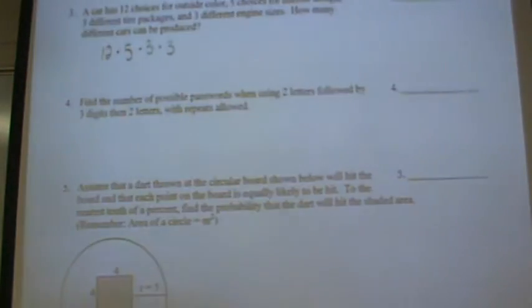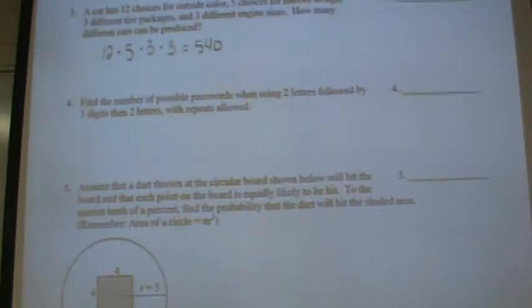So we're going to take our 12, multiply by the 5 interior choices, multiply by the 3 tire choices, and multiply by the 3 different engine sizes. And when we multiply through, you get 540. So you can get 540 different cars produced from those different choices.